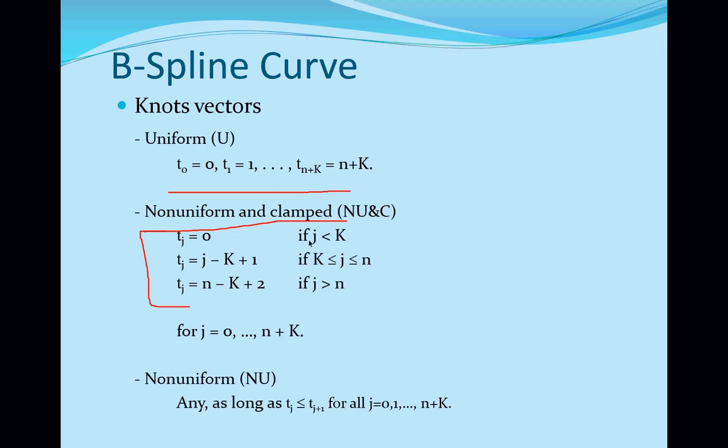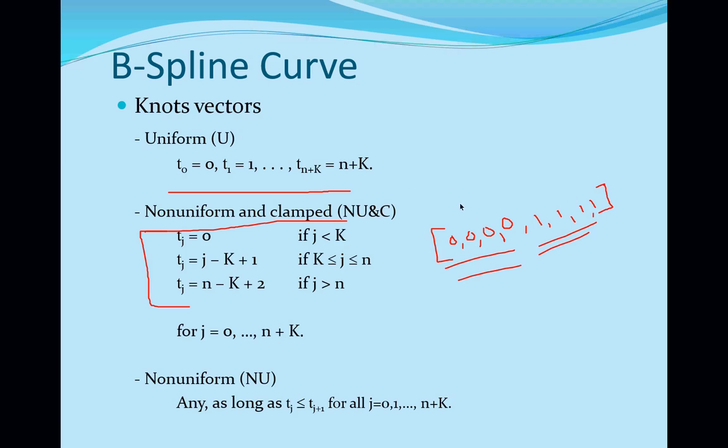Basically j varies from 0 up to a certain value, that is n minus k plus 2, and I am going to find out what T is. So the T knot vector could be something like this: 0, 0, 0, and 1, 1, and 1. Okay, it's not compulsory that they will be unique in number.